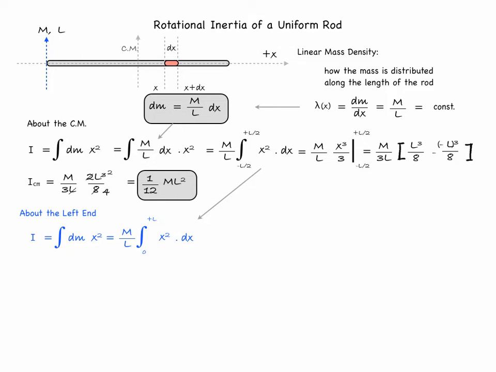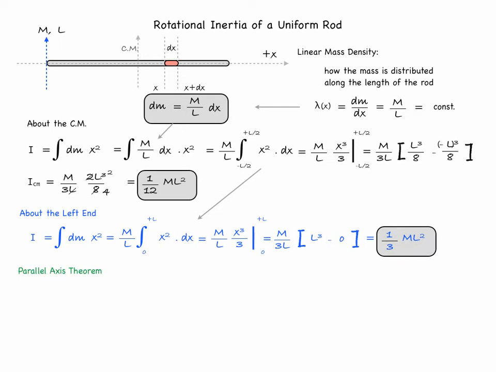The rod will be extending from 0 to L, and so the value of our integral will be m over L times x cubed over 3 with lower limit 0 and upper limit L, or factoring out m over 3L, in parentheses we get the upper limit value L cubed minus the lower limit value 0, and as a final result, we get 1/3 m L squared.